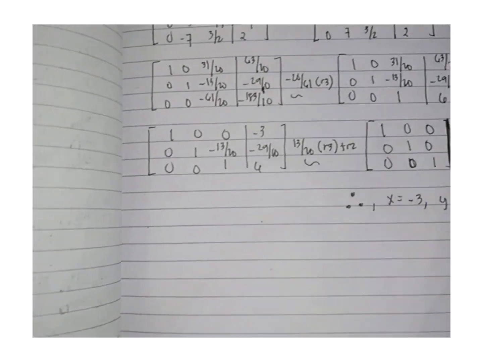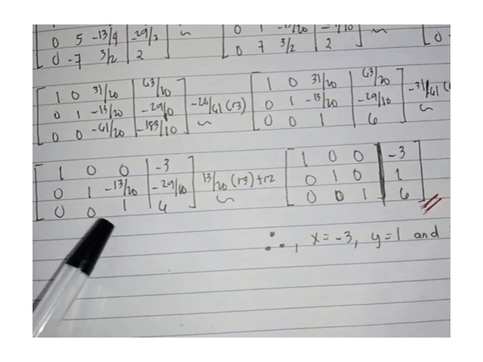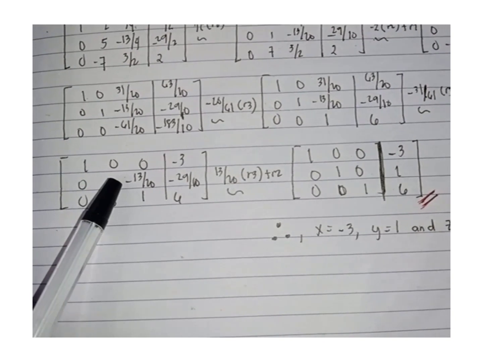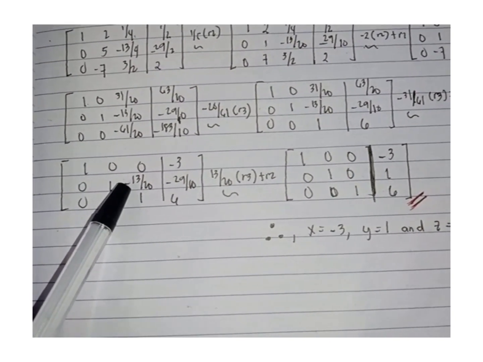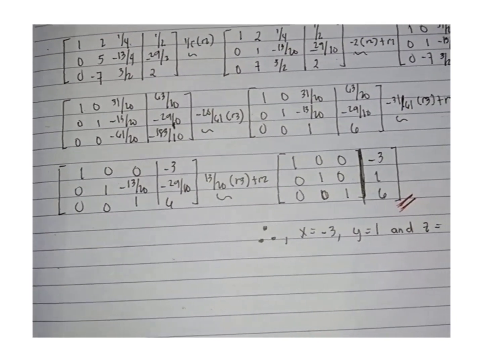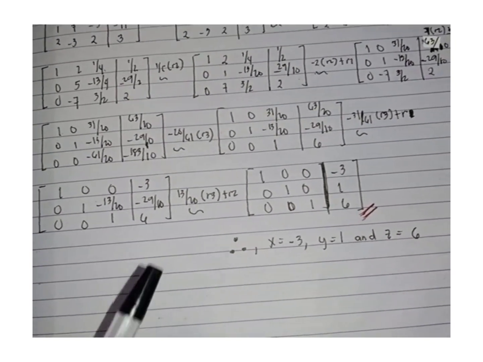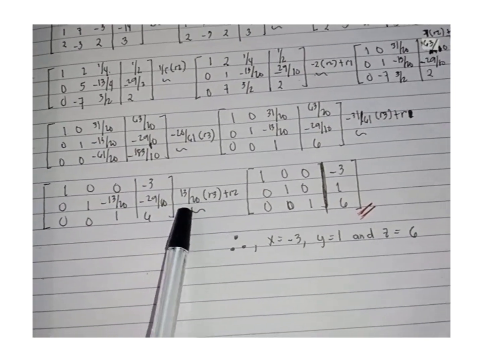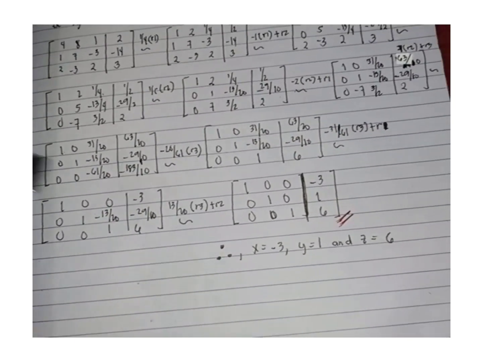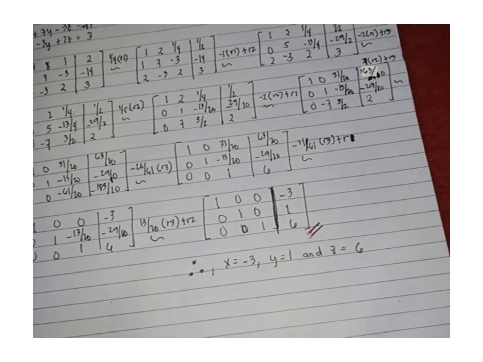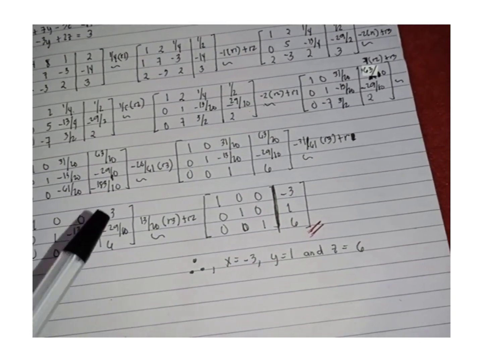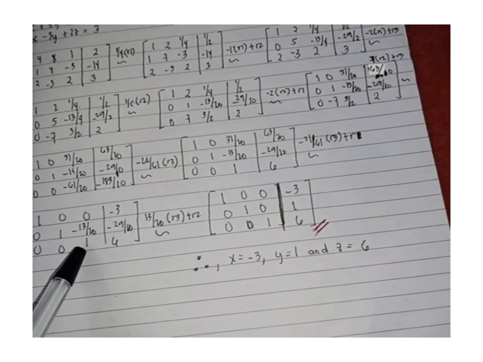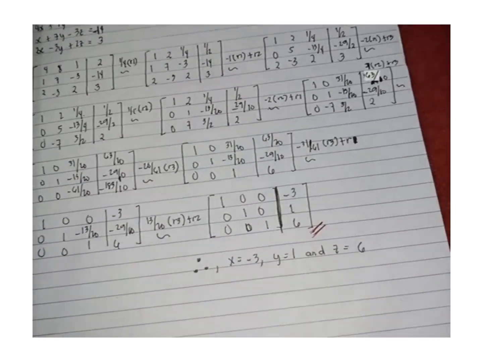So this is our answer. We're going to eliminate negative 13 over 20 and equate it into 0 by multiplying by 13 over 20. This is negative, so we're going to multiply it into positive so that it will be 0 later on, because we're going to multiply 1 and add negative 13 over 20, so that will be 0.